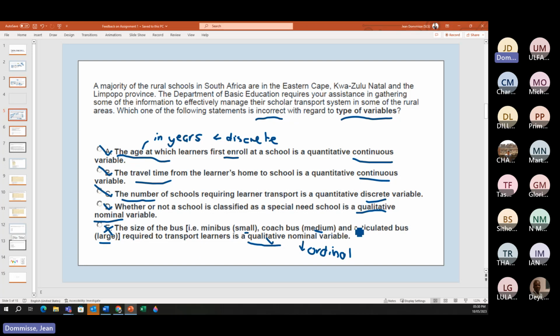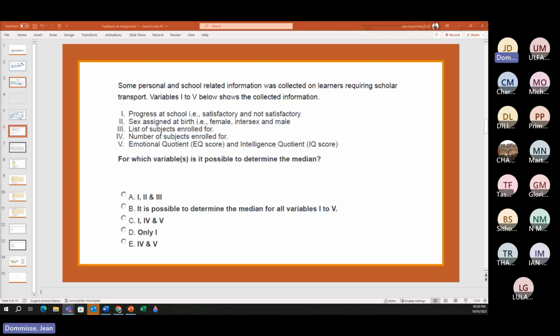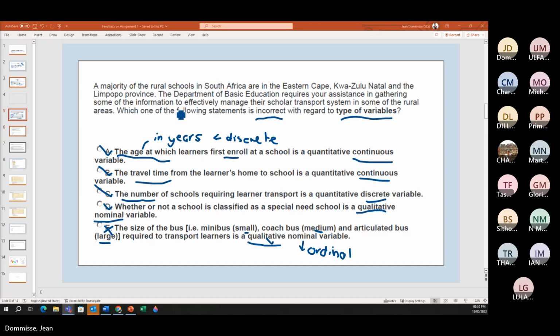So I think that is also very important in this instance. Okay, so when I go to the next one, that is the questions around variables. So this was basically study unit 1 that we've done up until now.